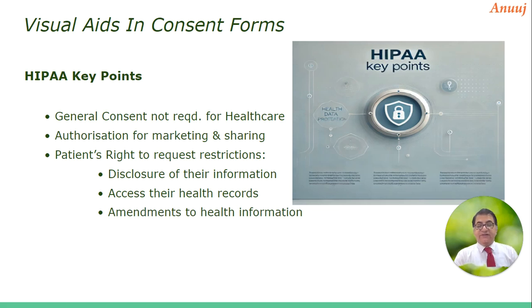And also, in case someone wants to amend his health information, the patient can request a restriction on amending his health records. Only the minimum information, if required in extreme cases, can be shared, not the full personal health information or full patient information.